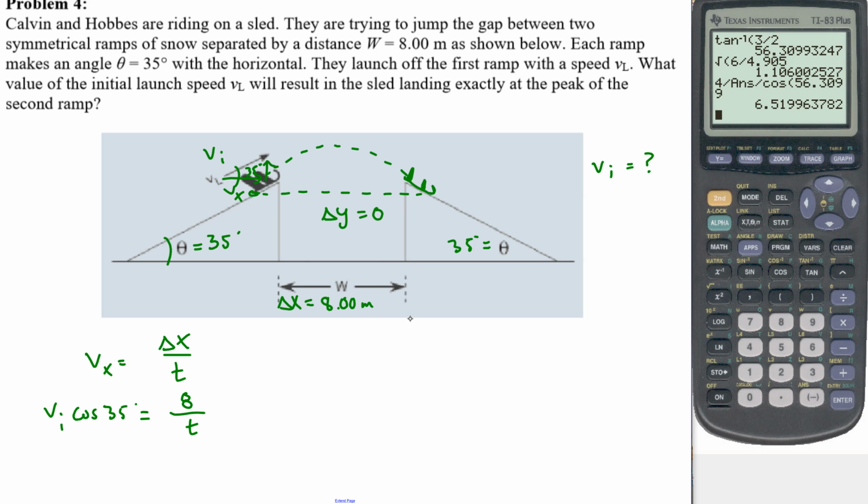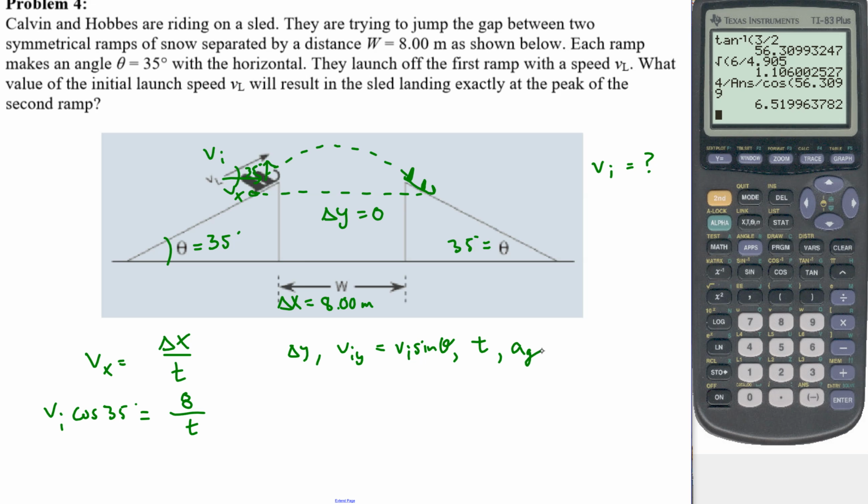We have 2 unknowns. If we have 2 unknowns, we need 2 equations to solve for those unknowns. So let's turn to the y-axis. We know delta y. We know VIY is VI sine theta. We know it's the same t here as here. And we also know acceleration due to gravity.